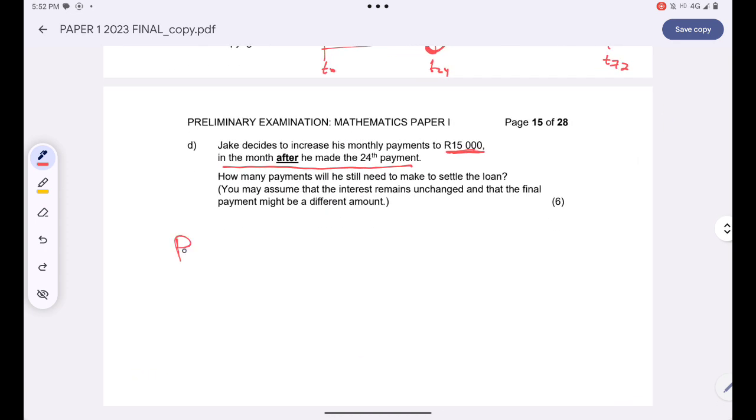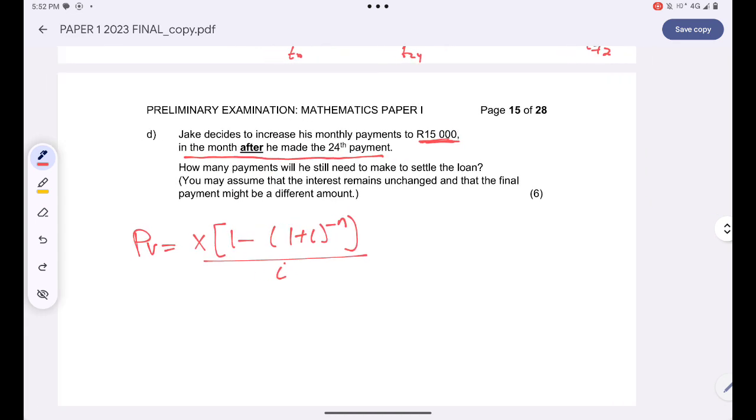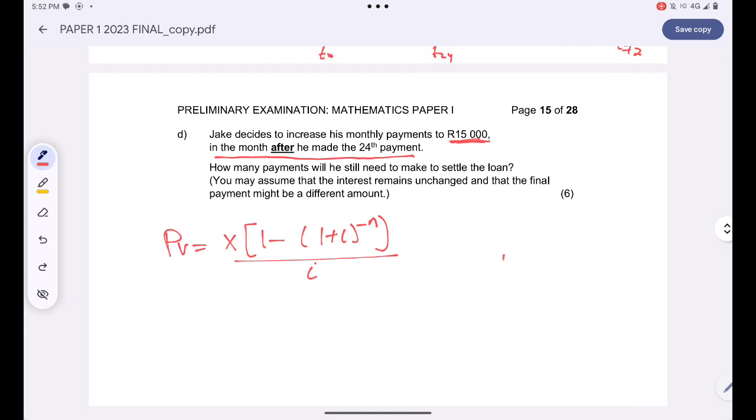I can simply say present value is equal to X, that's 1 minus 1 plus i to the power of negative n, over i, together. The quickest way, guys, to find the value of n, just say n is equal to negative log of 1 minus the present value multiplied by the interest, all over X, which is the installment, and the base of your logarithm is just 1 plus i.